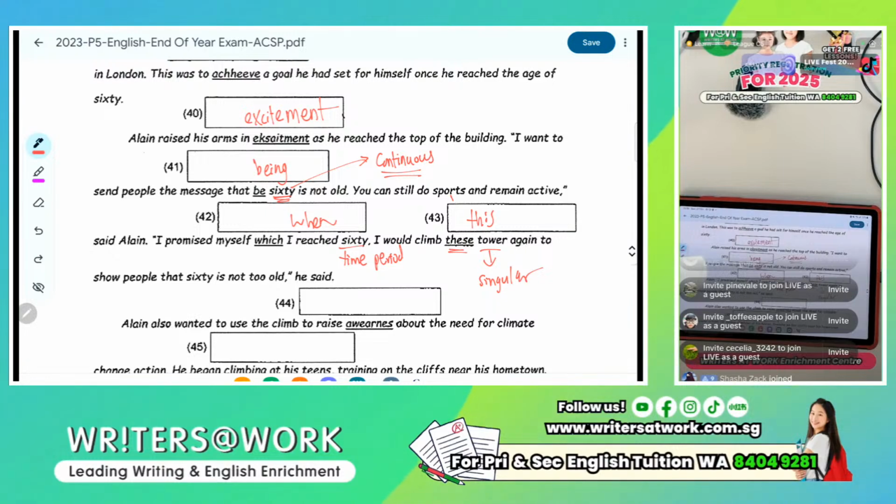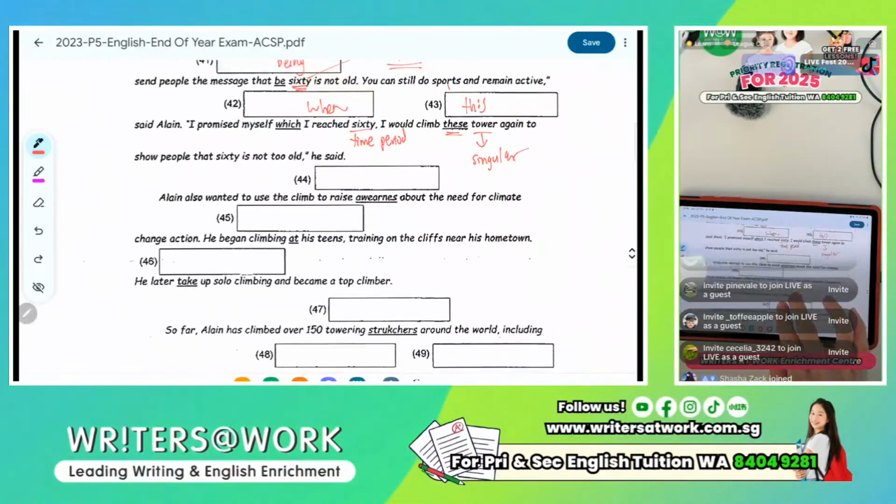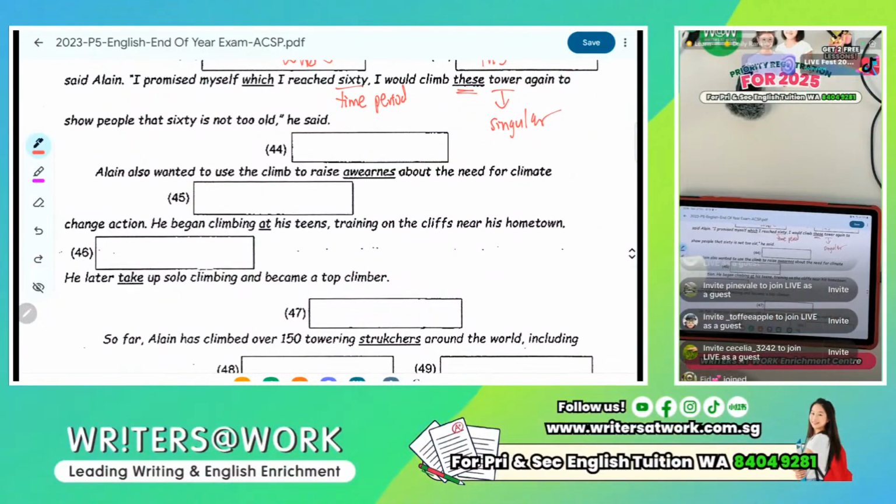Alan also wanted to use the climb to raise awareness about the need for climate change action. So when you want to spell awareness, please spell it this way. He began climbing dash his teens.